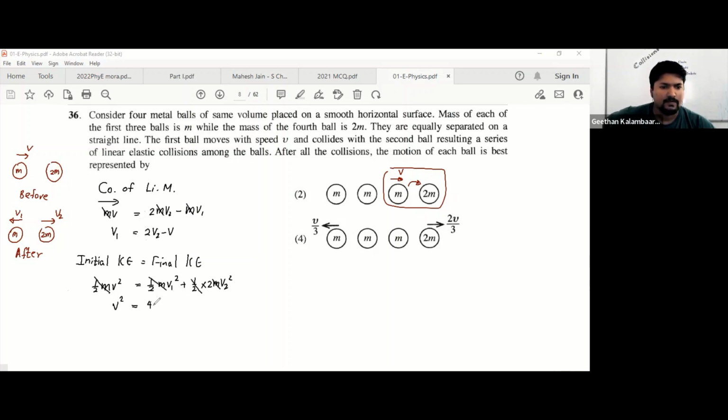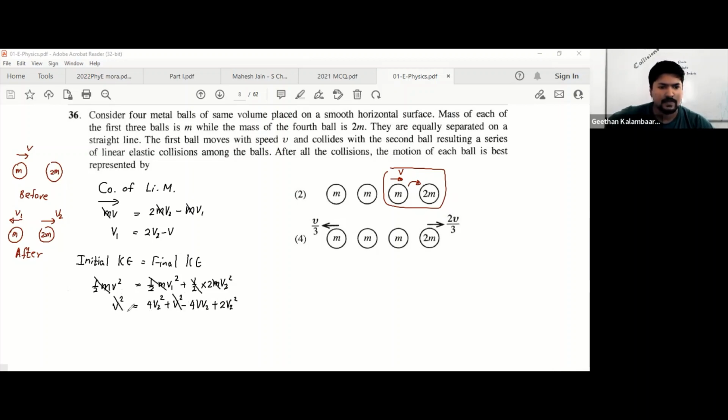So that is (2v2 minus v) squared, 4v2 squared. I will simplify and write it here. 4v2 squared plus v squared minus 4v2 v plus 2v2 squared. So here also v squared gets cancelled.